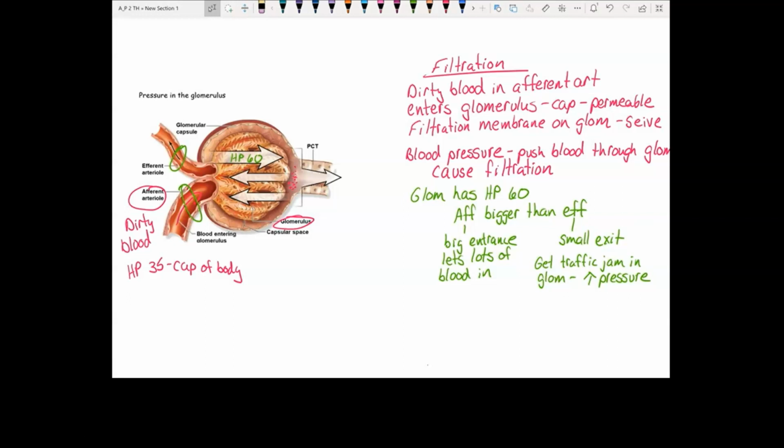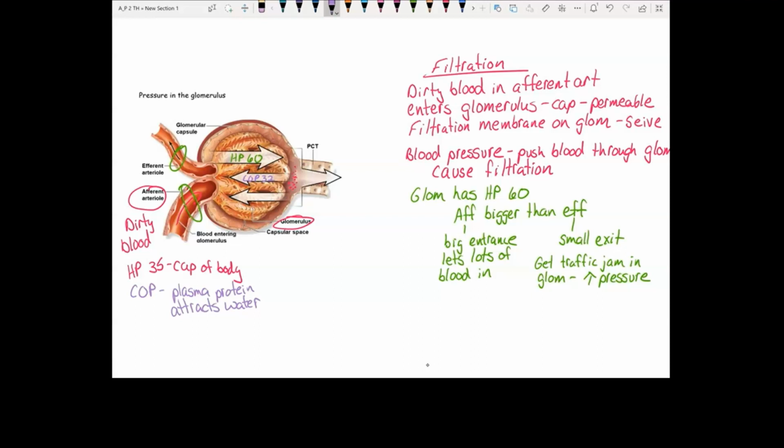Then remember from before, we also talked about colloid osmotic pressure. Remember this? We talked about it in chapter 18 and again in chapter 20. This is the fact that plasma protein attracts water. So there's still plasma protein in the blood in your glomerulus, so we have a colloid osmotic pressure, and your colloid osmotic pressure is 32.